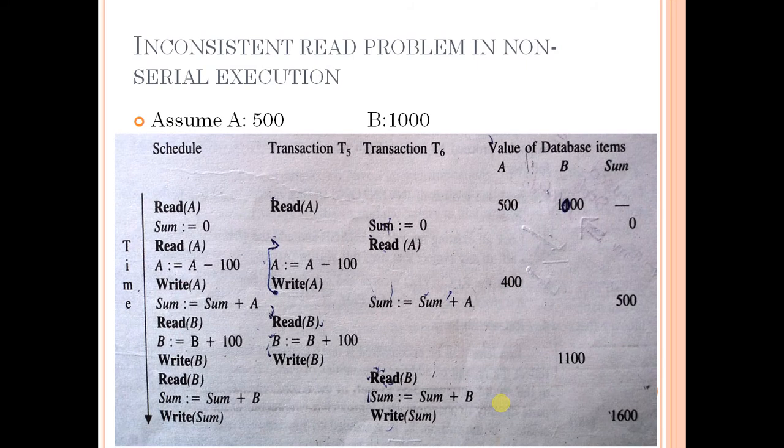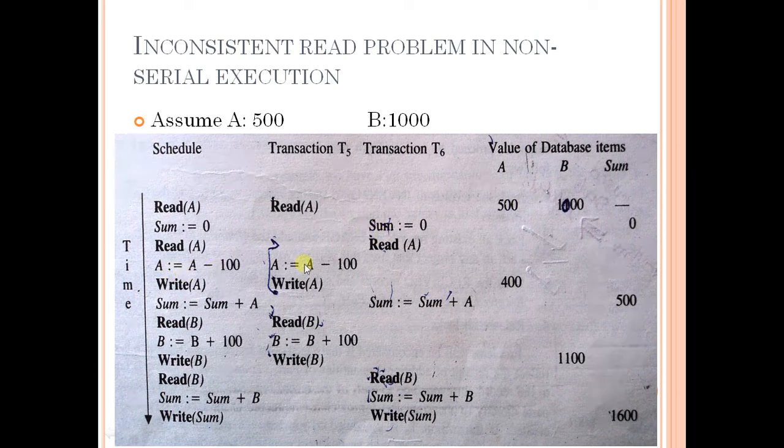However, we will see that now, look at it carefully. What is this? This is the schedule. Schedule means how the CPU has executed the statements. Out of these, the first one belongs to T5. The next two belong to T6.